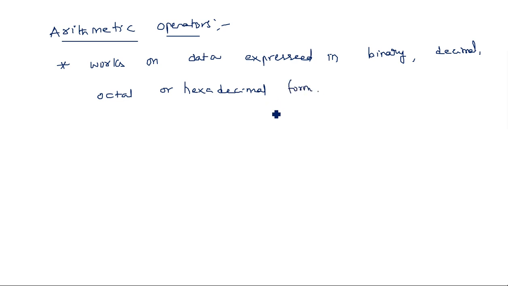So whatever may be the form, from 2 to 16 bits of information, it is used to add, subtract, multiply, or divide. Output is always a numeric value.